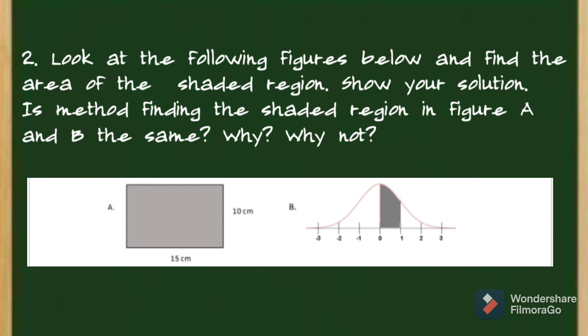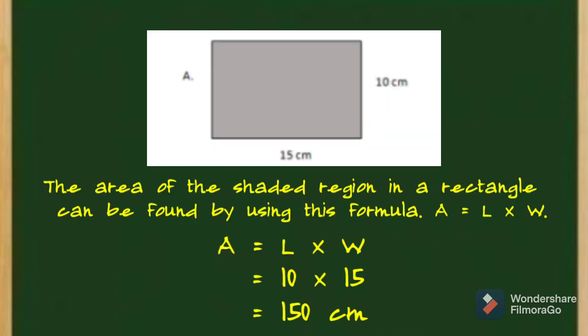Number 2. Look at the following figures below and find the area of the shaded region. Is the method of finding the shaded region in figure A and B the same? In figure A, the area of the shaded region in a rectangle can be found by using this formula: A is equal to length times width.